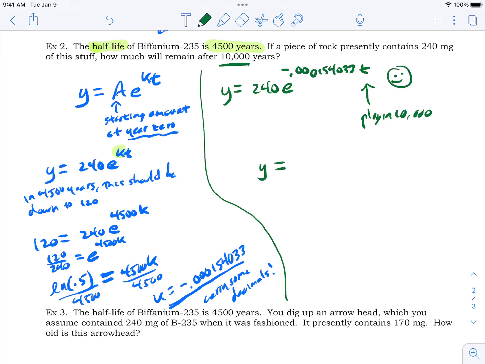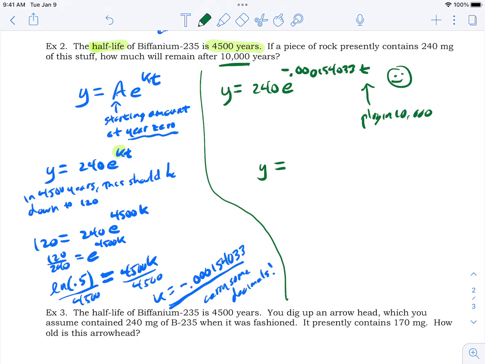That's what we expect, a little less than 60. Anyway, it's a button pushing exercise, so I invite you to push buttons. Make sure you can get exactly the same result as me. So I'm going to say, okay, negative 0.000154033. Multiply that by 10,000. By the way, I'm looking at something like negative 1.5.